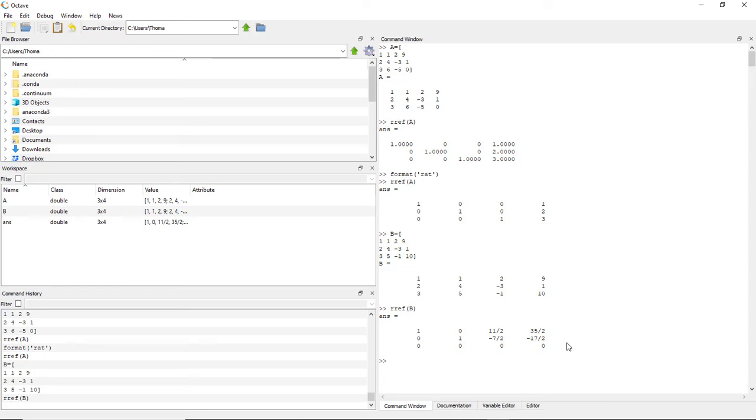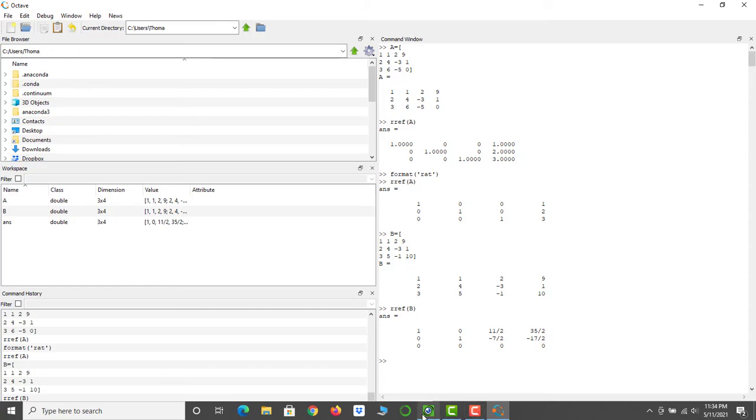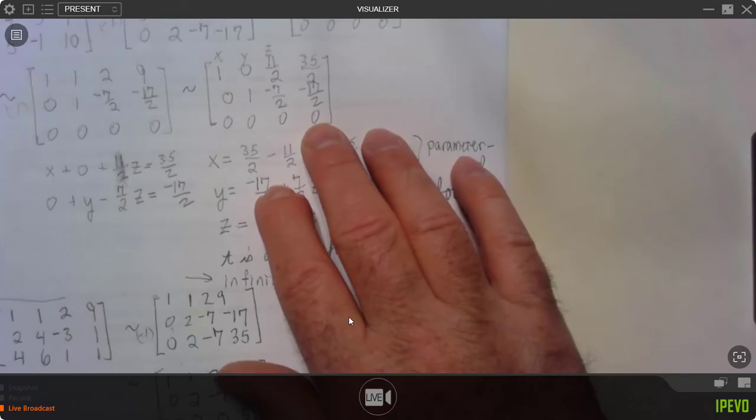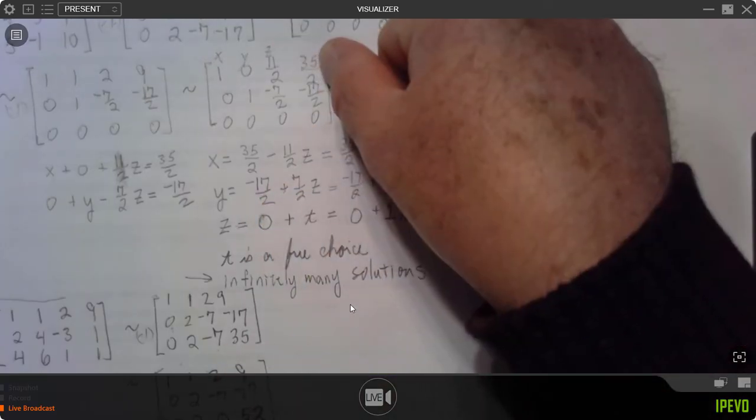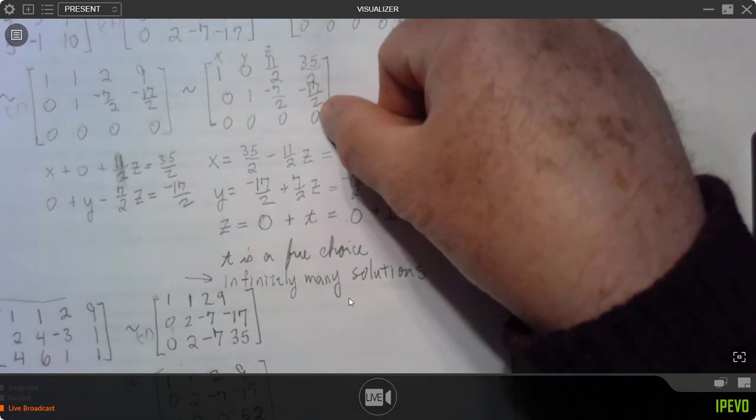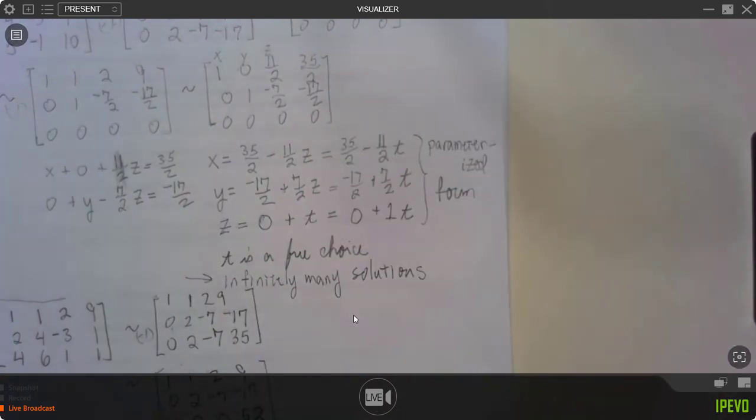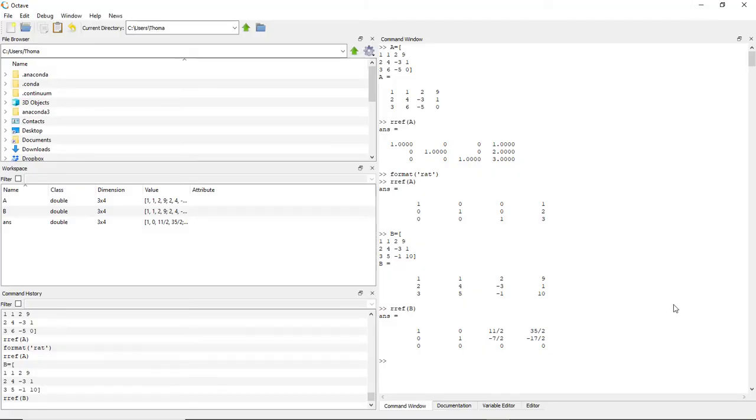So if you remember, let's take a look at this right hand side. For instance, 35 halves, minus 17 halves, 0. And if I pop back to my handout, there's the column 35 halves, minus 17 halves and 0, only with a whole lot less work, right? So if you know how to read these matrices, it's a really tremendous advantage.